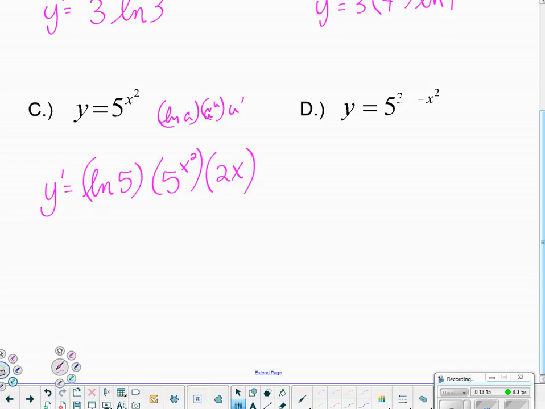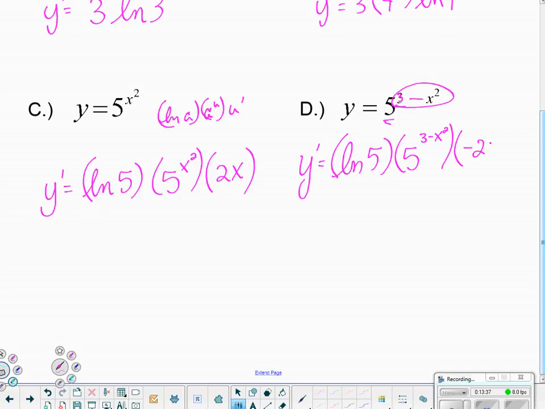Let's see, this looks like a 5 to the 3 minus x squared, doesn't it? Okay, so our base is 5. Y prime equals, well, we've got a natural log of 5 to account for. We have the expression itself, and then we have the derivative of the exponent, which would be 0 minus 2x.